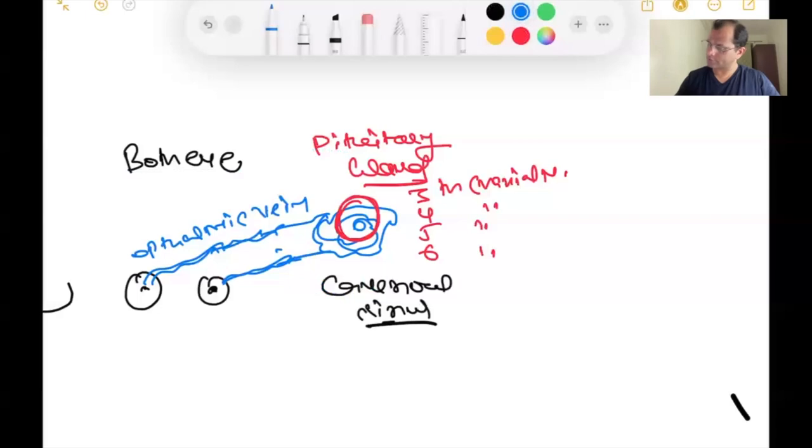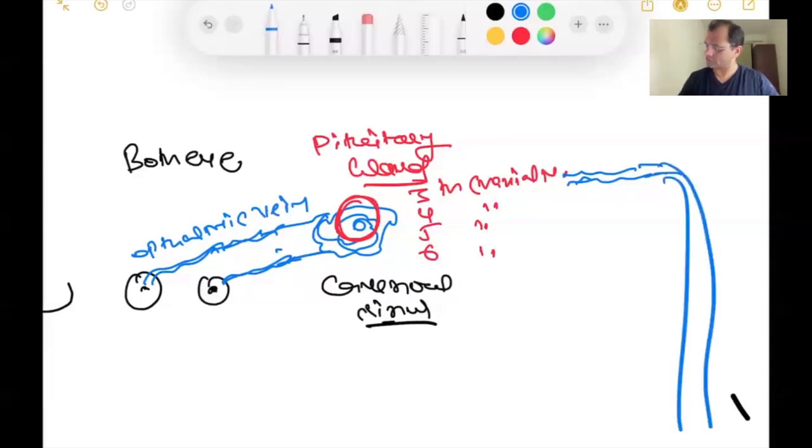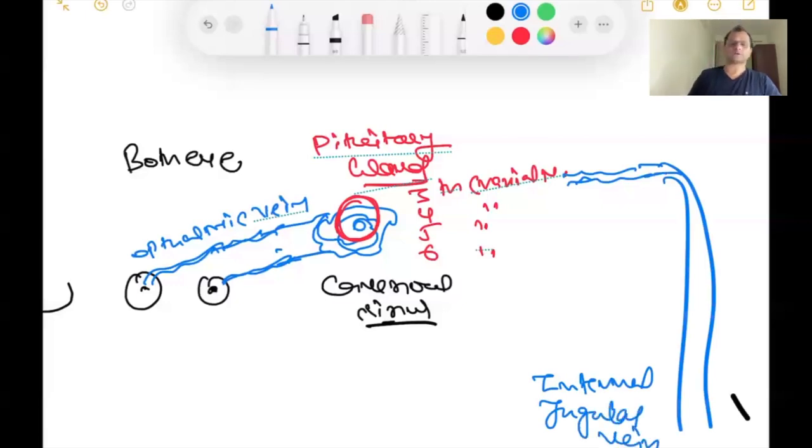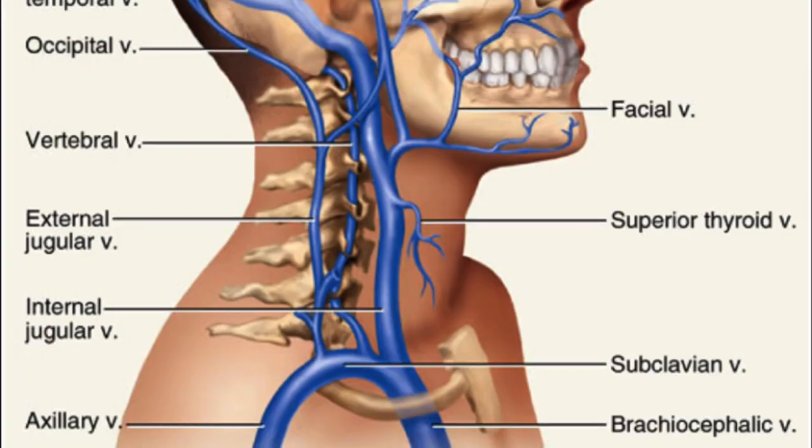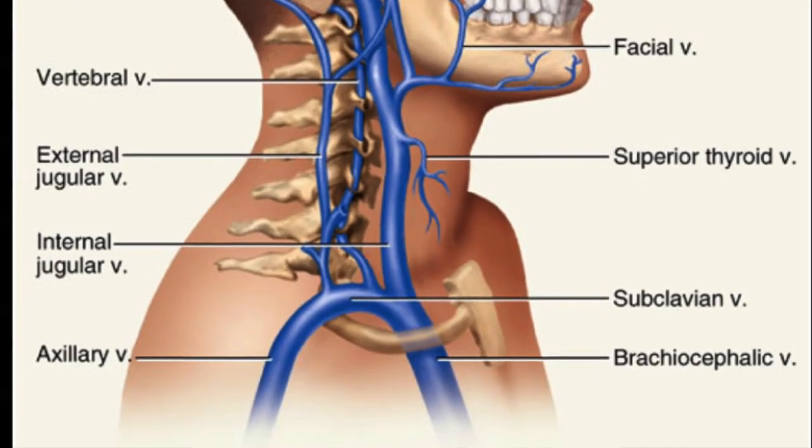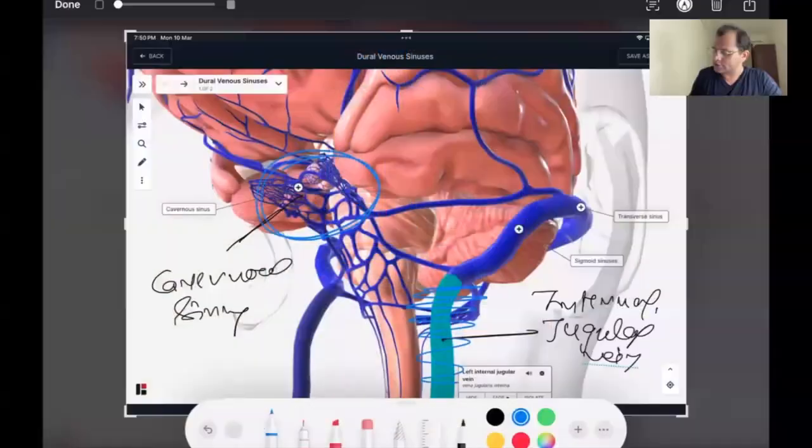Now from here, blood is going further to the next part, and finally it's draining in the internal jugular vein, then to the heart. So this is the internal jugular vein, and here is the cavernous sinus.